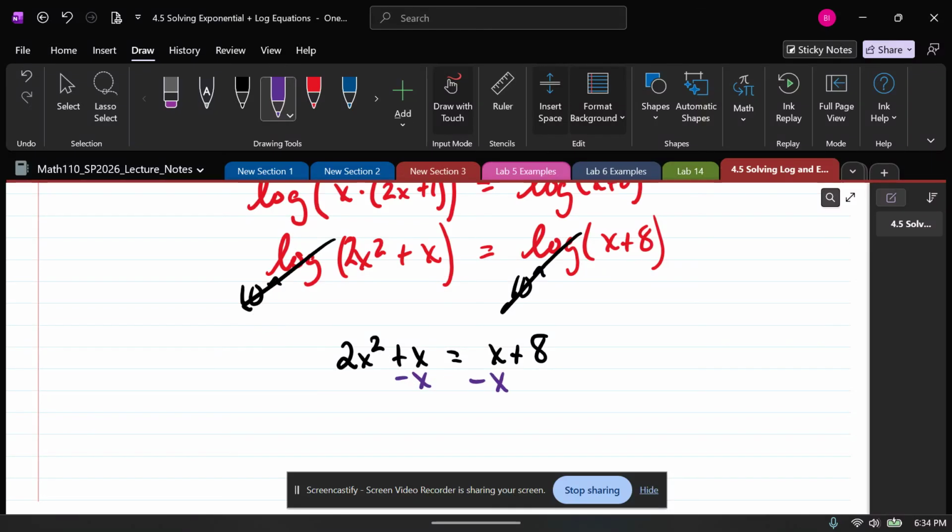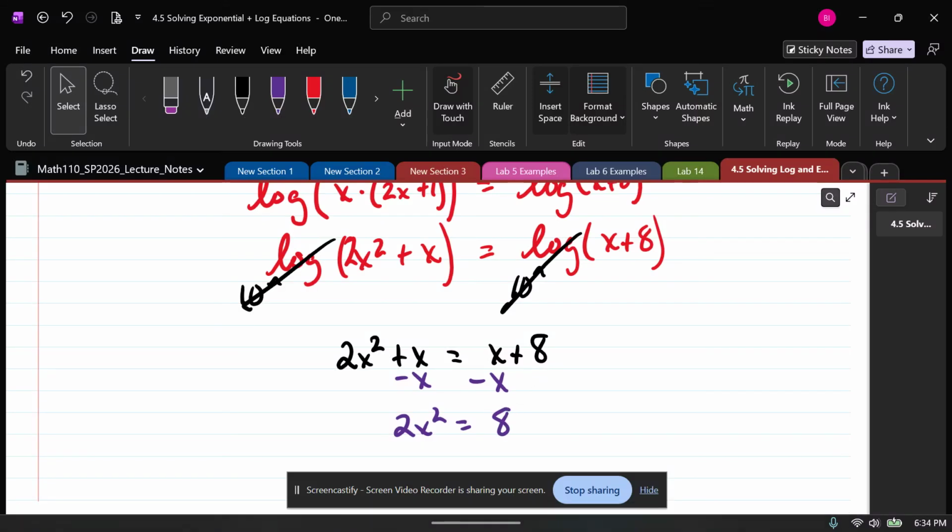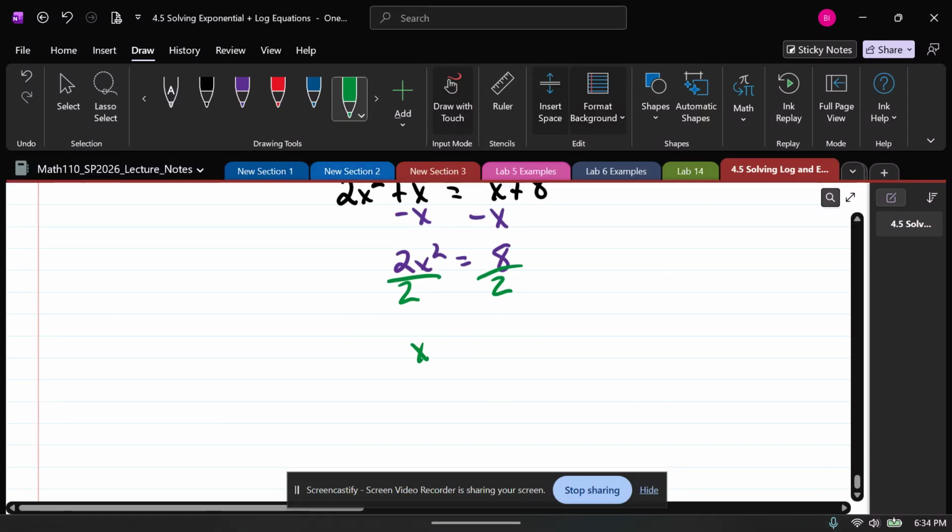All the plain x's are the like terms, right? So I've got 2x squared is equal to 8. What can I do now? Divide by 2. I like it. That'll work. That's going to give me x squared is equal to 4.